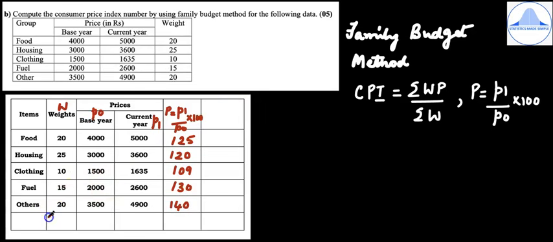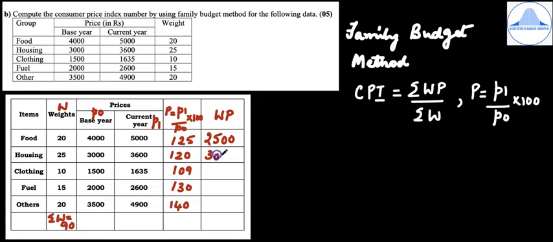We should also find out the total of the weights. So summation W is equal to 90. Now the last column will be WP. So it is 20 into 125, which is 2500.